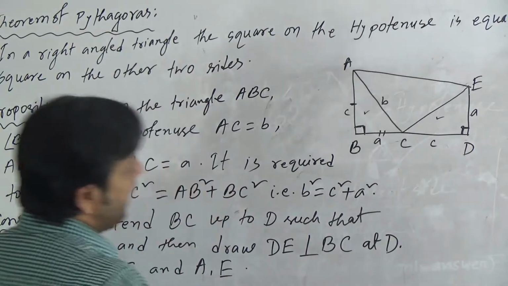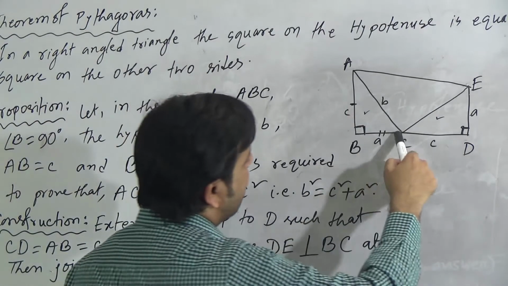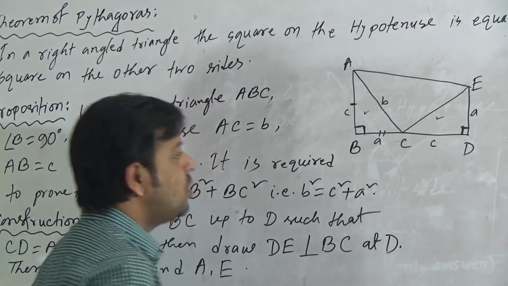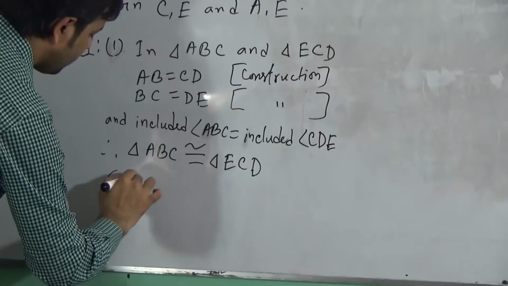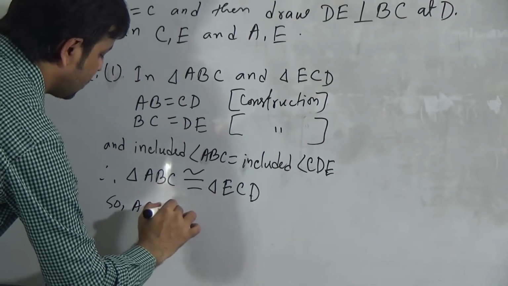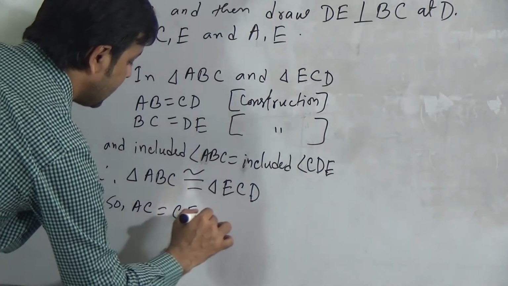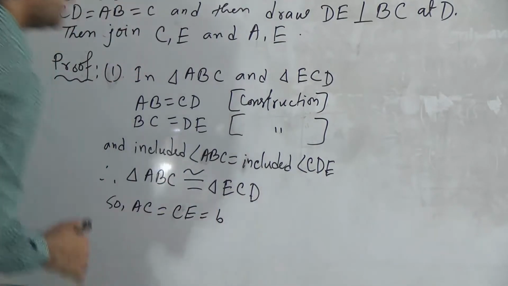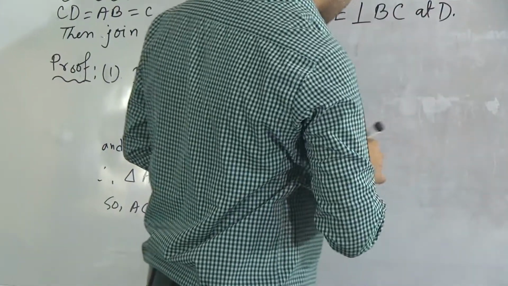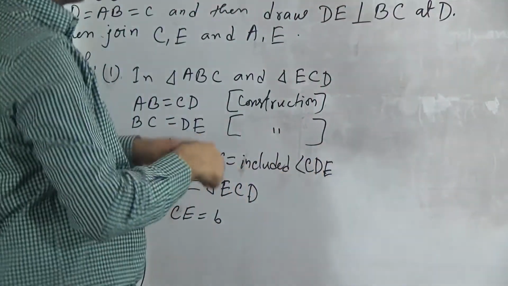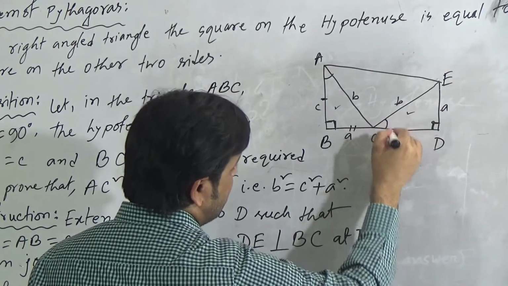As these two triangles are congruent, we can say AC is equal to CE. So we can say AC is equal to CE is equal to b. Okay, dear students, and we can say angle BAC is equal to angle ECD.